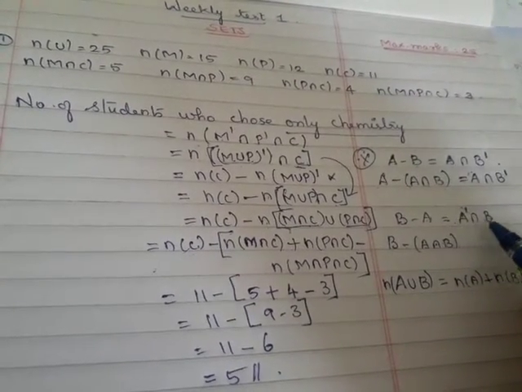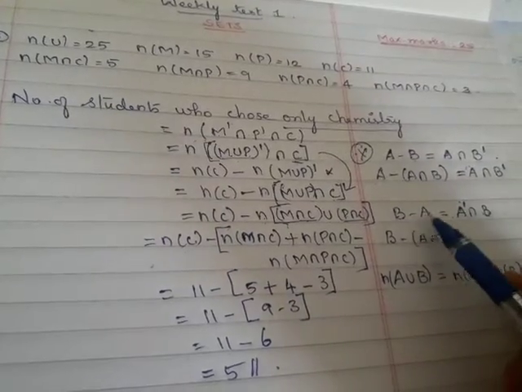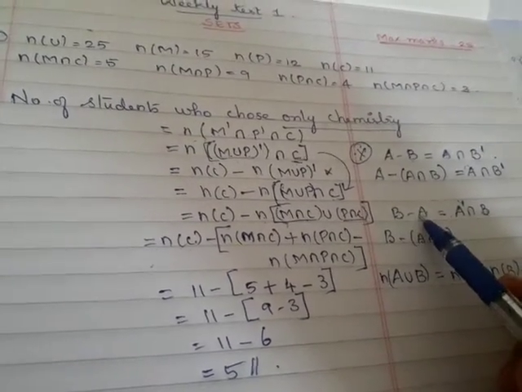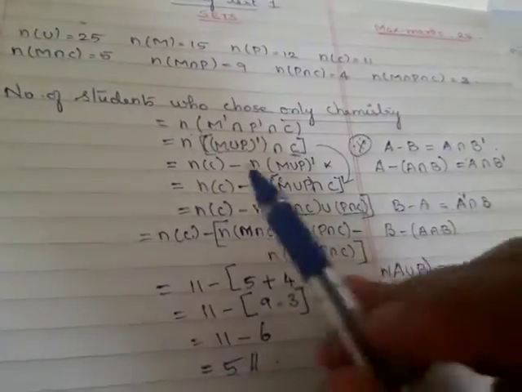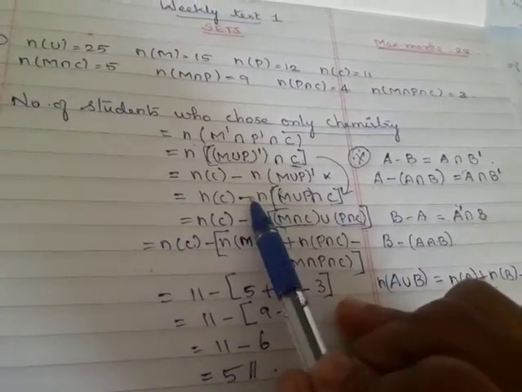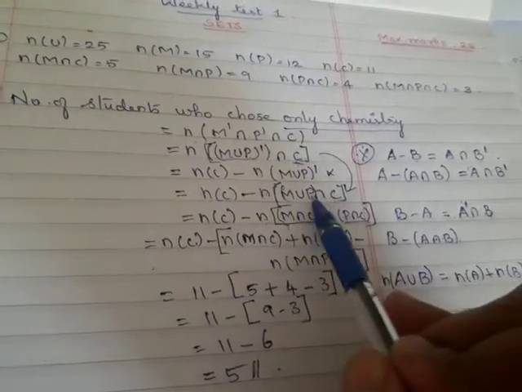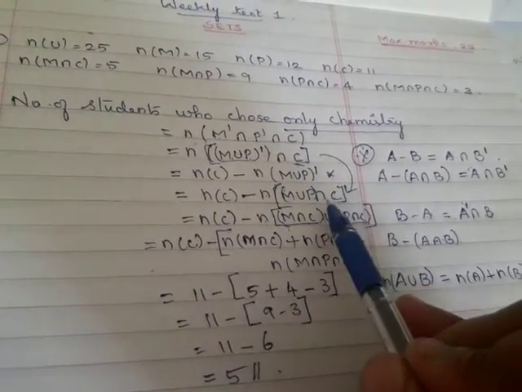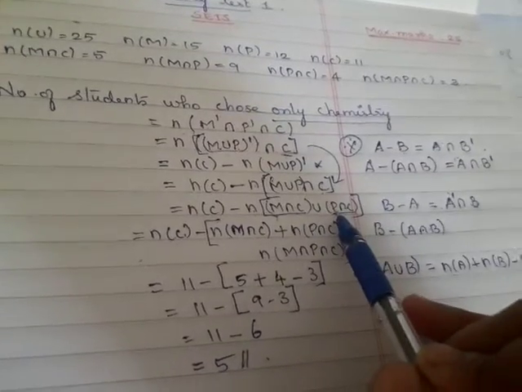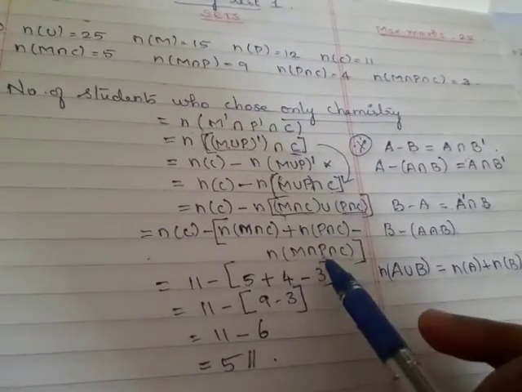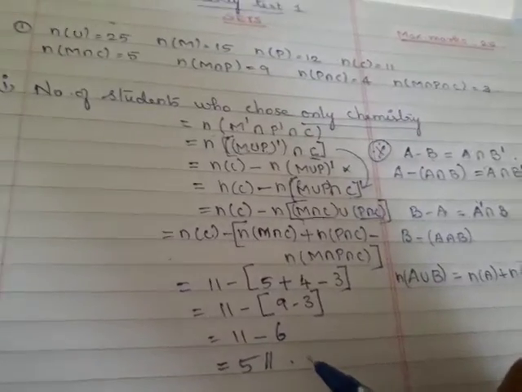Remember, a dash intersection b can be written as b minus a, and b minus a can be written as b minus a intersection b. So n of c minus n of m union p intersection the second set c. Now apply distributive law. After applying distributive law, use the a union b formula and then substitute the values.